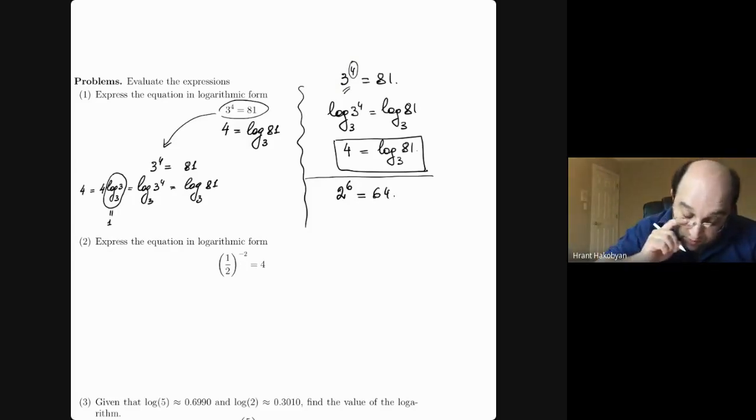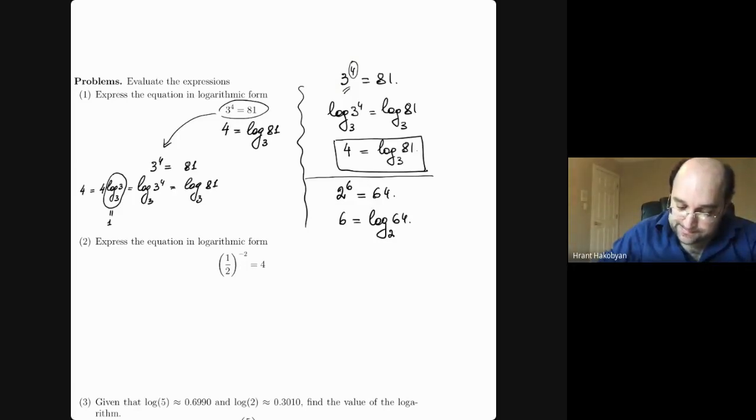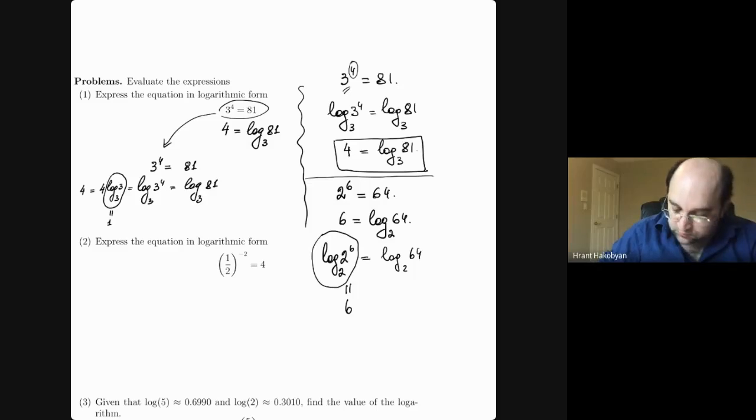So that means 6 is equal to logarithm with base 2 of 64. Or let's do it differently again. I take logarithm with base 2 of 2 to power 6, which is logarithm base 2 of 64. But this whole thing on the left hand side is just 6. So 6 is equal to logarithm base 2 of 64.